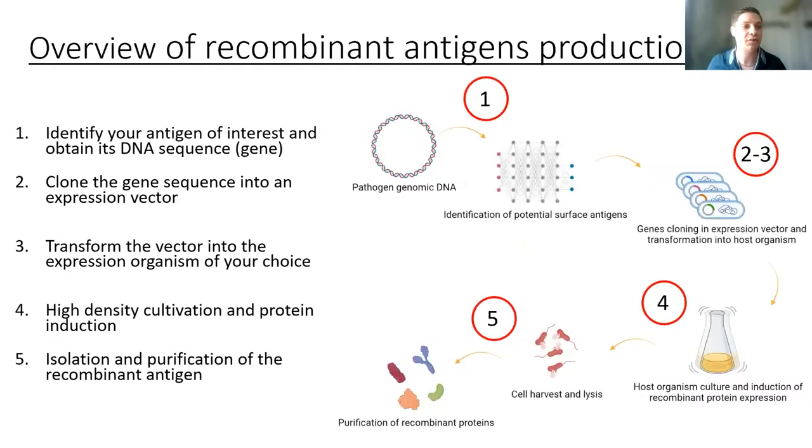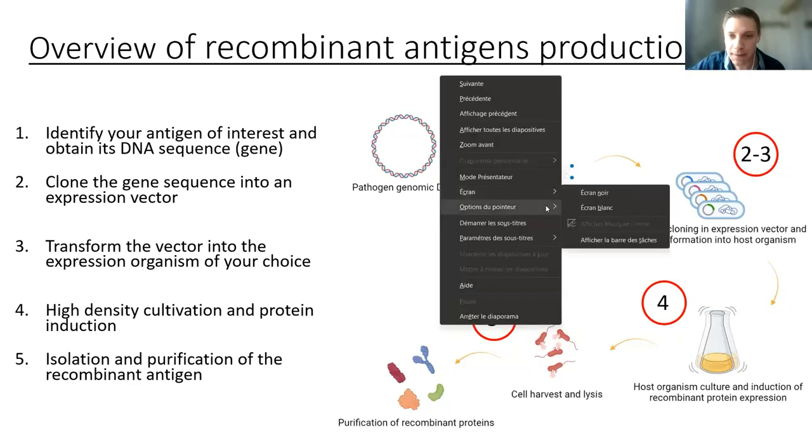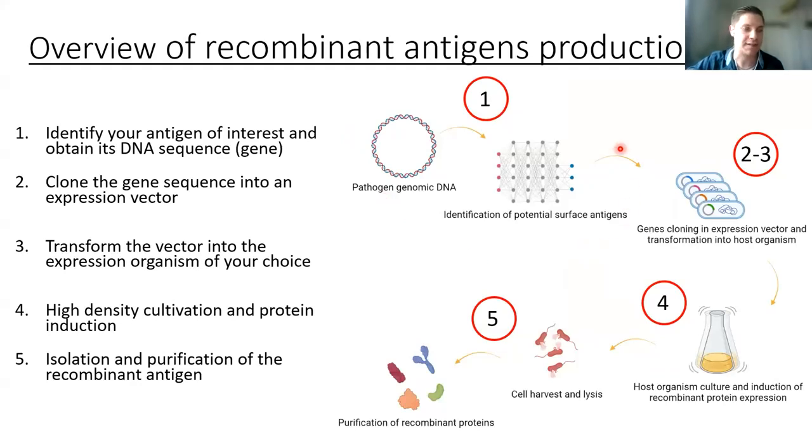So I wanted to start with a quick overview of recombinant antigens production. The first step is to identify your antigen of interest and to obtain its DNA sequence. So this is our first step.